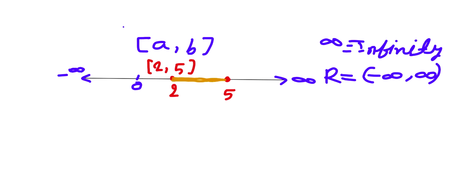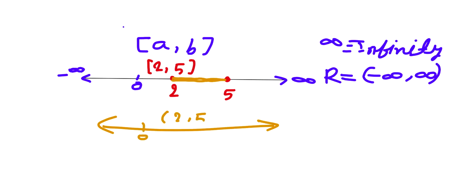Whenever it is an open interval, 0 is there, and we are going to represent 2 comma 5.